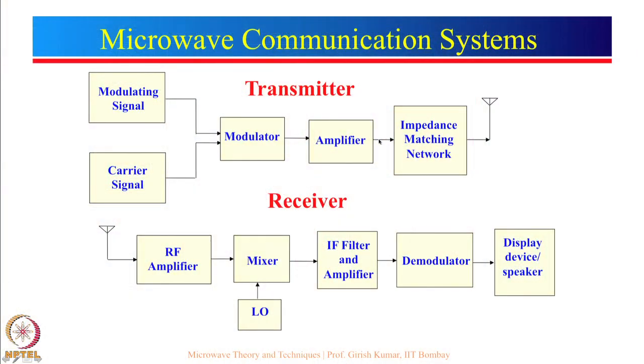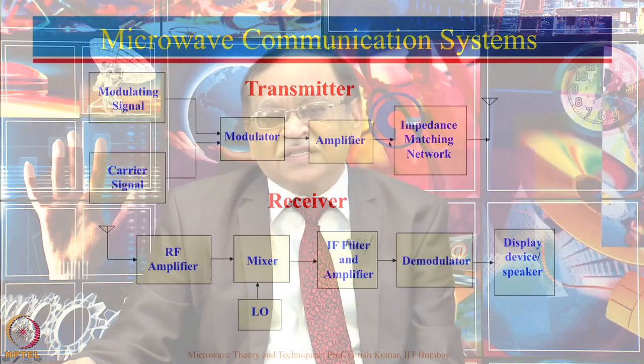Just to give you a little bit of an idea, the majority of the time antennas are designed for, let us say, 50 ohm impedance, but the amplifier output impedance may not be 50 ohm. This impedance can be very small or very high depending upon the application. For example, if this amplifier is an op-amp amplifier or a simple low frequency transistor amplifier, then the output impedance may be several hundreds of ohms to kilo ohms.